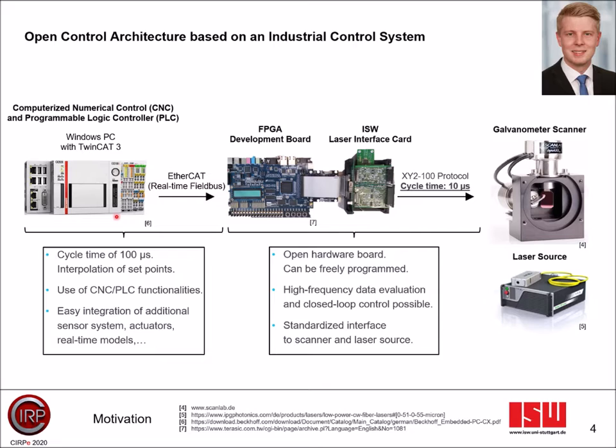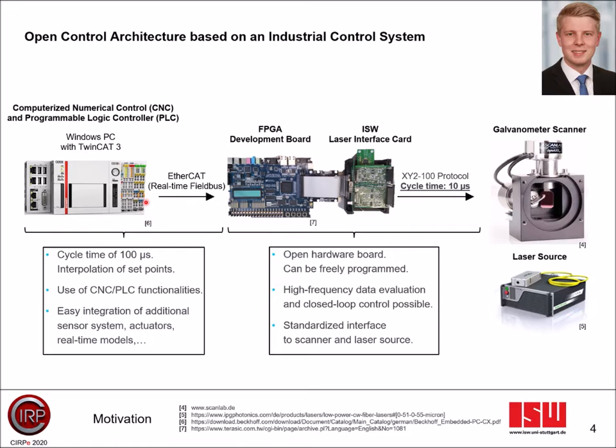This enables us to use conventional NC programs and a wide range of CNC and PLC functionalities, such as the motion control, including the interpolated movement of axes. Furthermore, the industrial control provides multiple interfaces which enable extending the overall system with real-time models, additional sensors and actuators.